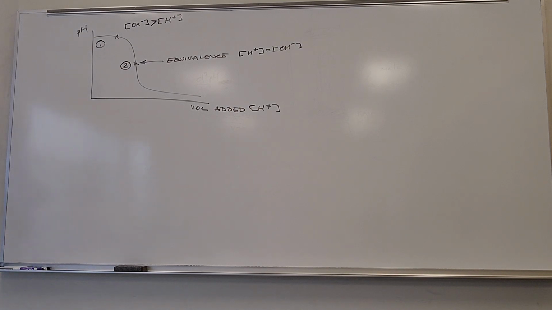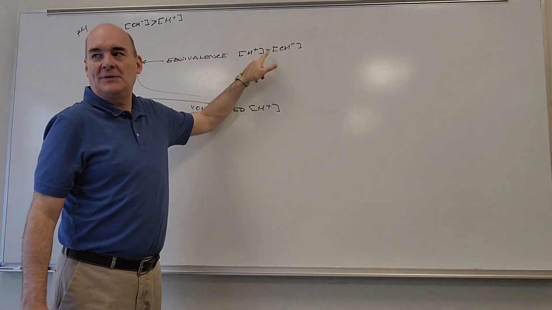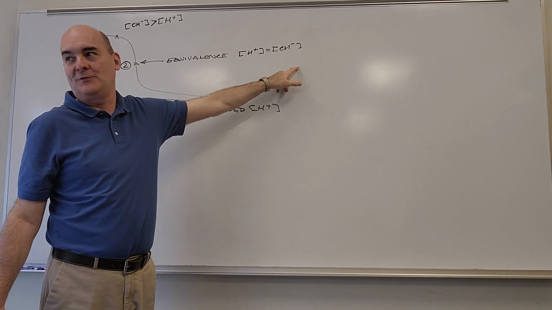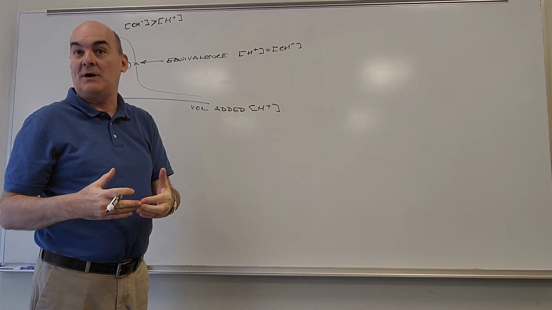But water has this very small equilibrium where it auto-ionizes and makes H plus and hydroxide all on its own. So even when we're here and those two numbers are the same as each other, there's still some H plus in solution and there's still some hydroxide in solution, but they just cancel each other out.